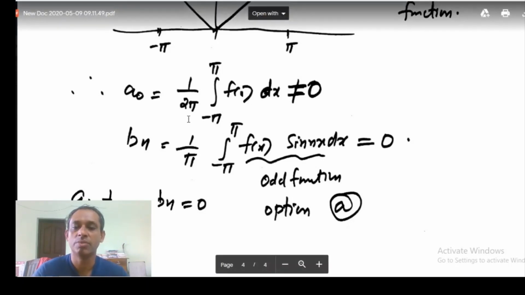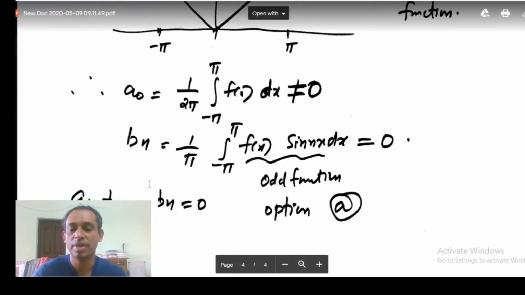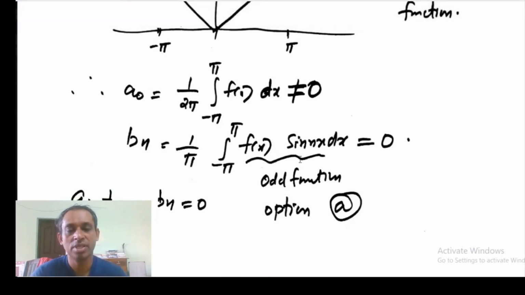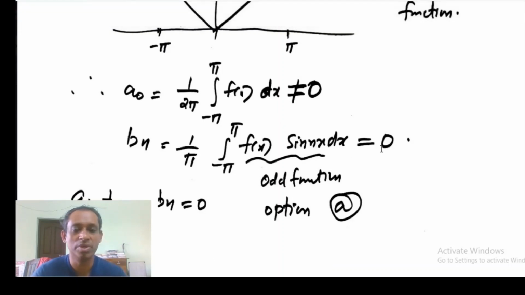This will be 2 times 1 by 2 pi, integral from 0 to pi of f of x dx, because f of x is an even function. But when it comes to bn, since f of x is an even function and sin nx is an odd function, this integrand f of x sin nx will be an odd function. So if it is an odd function, this will be equal to 0. If we evaluate it, this will be equal to 0.